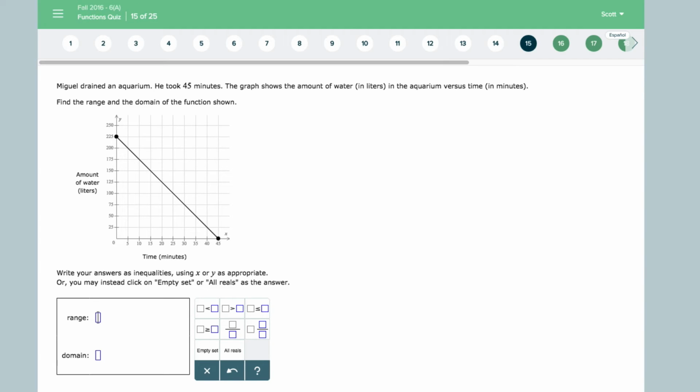Okay, domain and range. Same thing. This one's range, so it's y. This one's domain, so it's x. So we're doing the range first, which means we don't care about the x. Which means all of these x numbers don't exist.